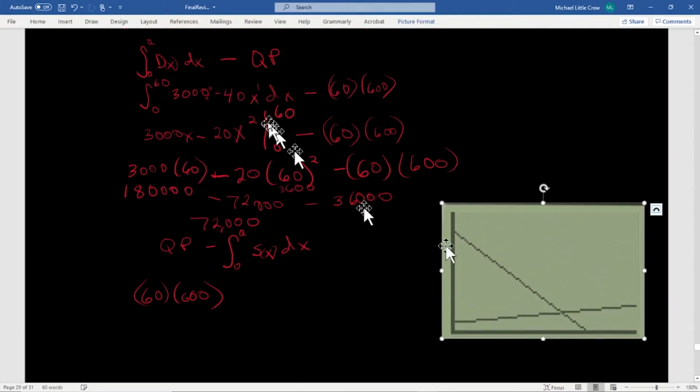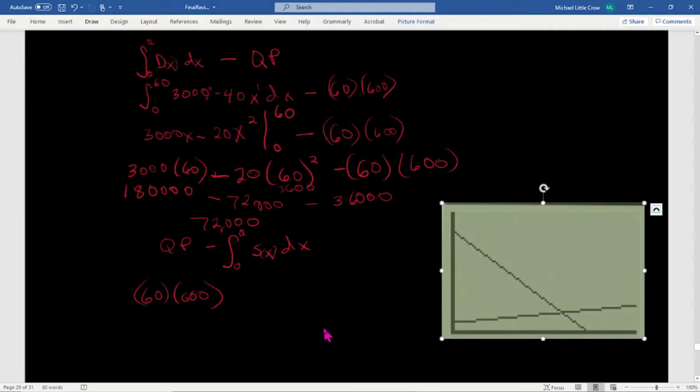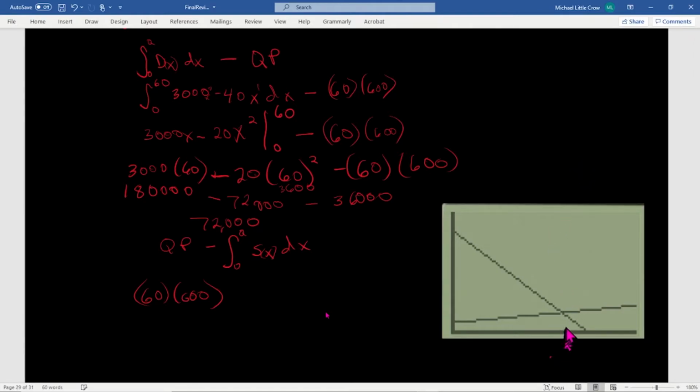So let's go. Red is okay. So what we've got is this box here. This is our point Q. Over here, this is the P. Right? So this is 600. This is 60. So that forms a rectangle.